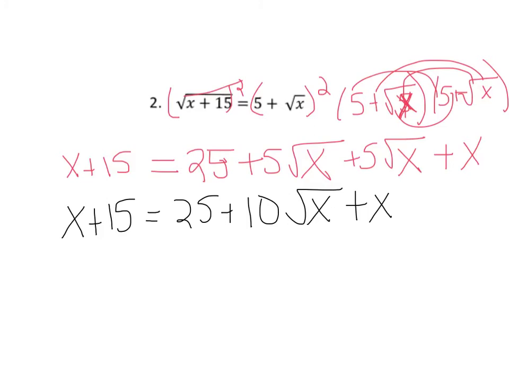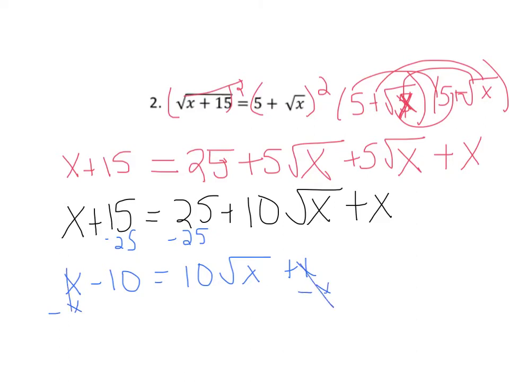I'm going to subtract the 25. So I have x, 15 minus 25 is a negative 10, equals my 10 square roots of x plus x. I'm going to subtract the x over, and when I do that, these x's cancel, and I'm left with negative 10 equals 10 square roots of x.